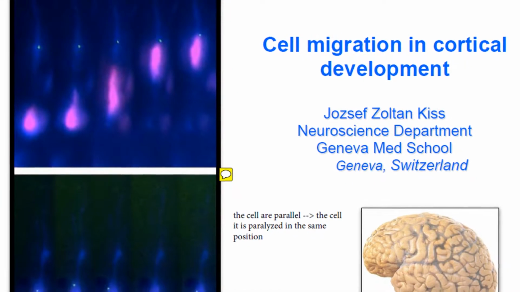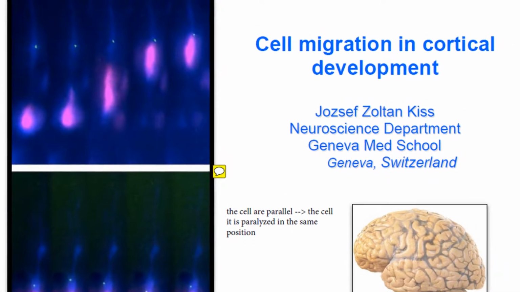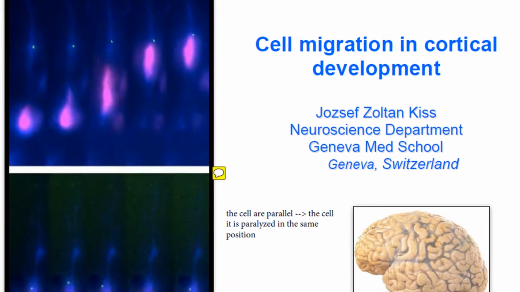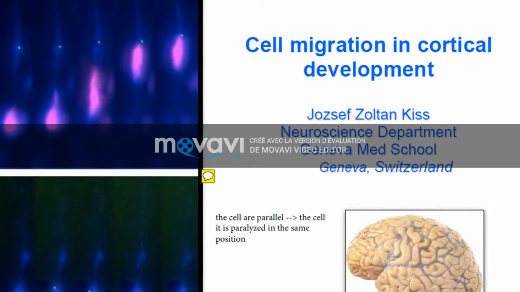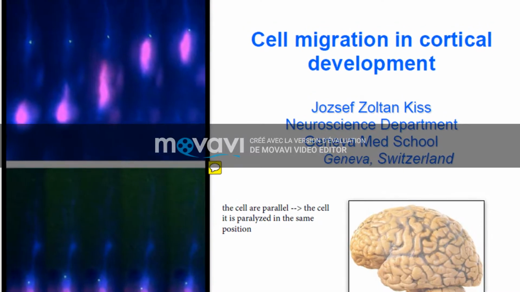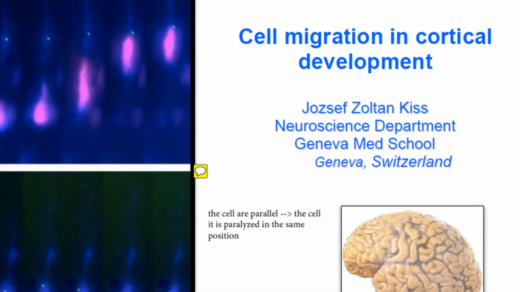Let's see what happens if there is an error. For example, we can have spontaneous mutations in babies of cytoskeletal molecules in the centrosome, which just completely handicap cells during migration. This is what I showed you here with the first slide.